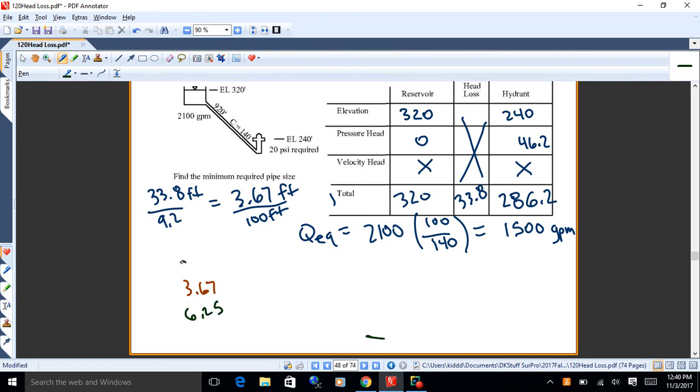So, if I need a gallon per minute, hang on a second. Now what you're doing first, you're taking meter 20 minus 3.62, and that gets you to 33.8.